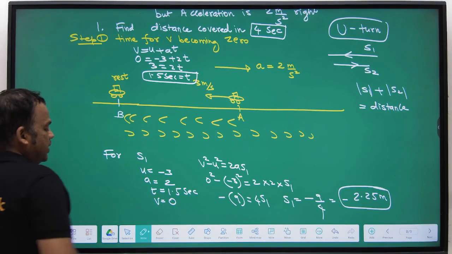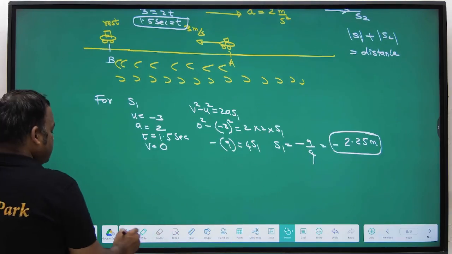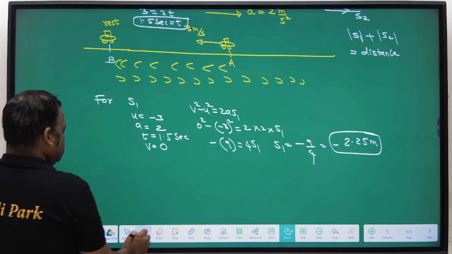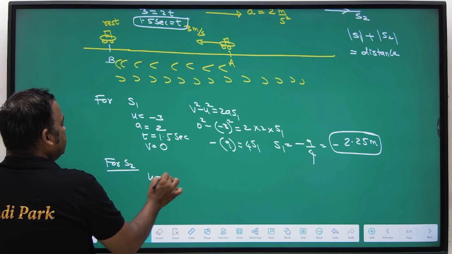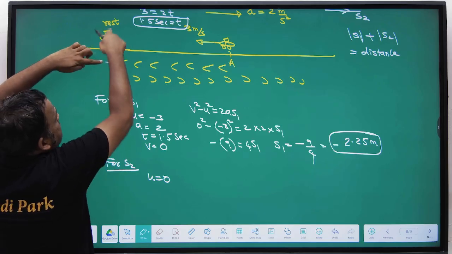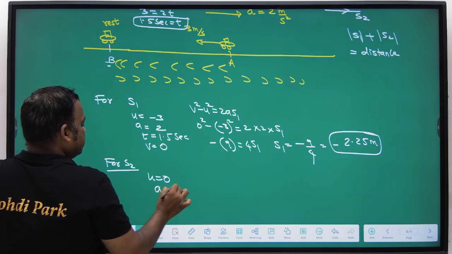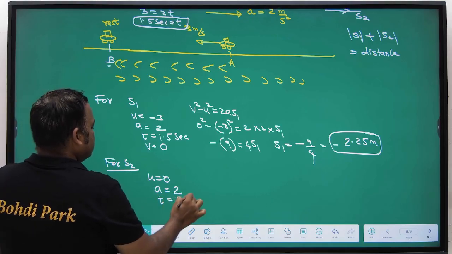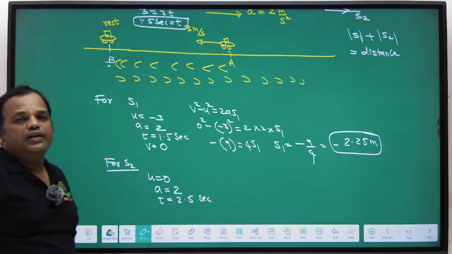Now how to find second displacement? For second displacement u will be 0. Now starting from B, the velocity is 0 and the particle is going right side. So acceleration is still same, which is 2, u is 0, and time we know it is 2.5 seconds. So rightward motion is covered in 2.5 seconds.